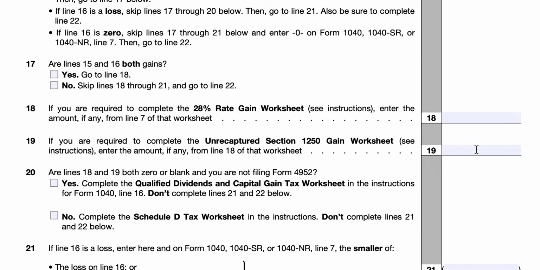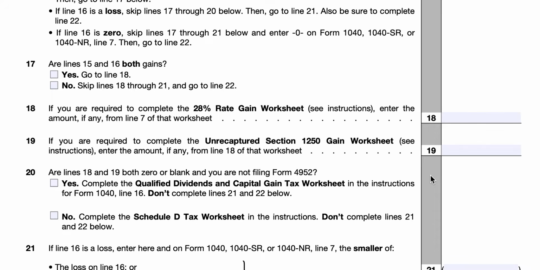And then you would also indicate whether or not you're filing IRS Form 4952. That is the form that taxpayers use to claim an investment interest expense deduction. So if you are completing that, then you would need to go to the Schedule D tax worksheet, and that is in the Schedule D instructions, simply because it is a very long worksheet and probably would not be appropriate for including in the article that we've written, which already covers a lot of material.